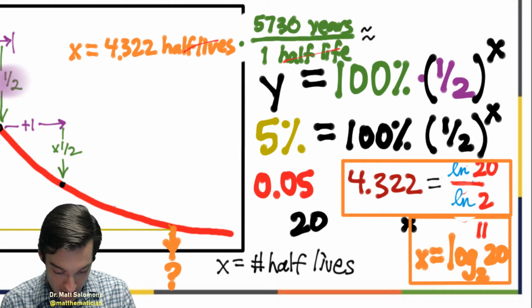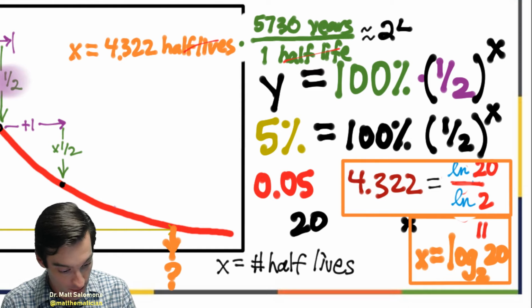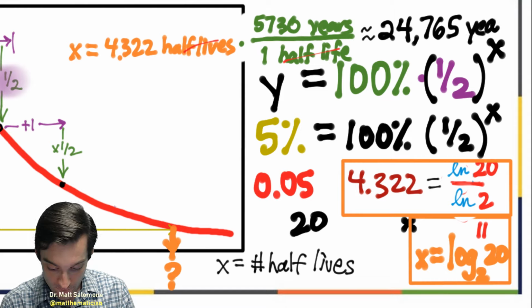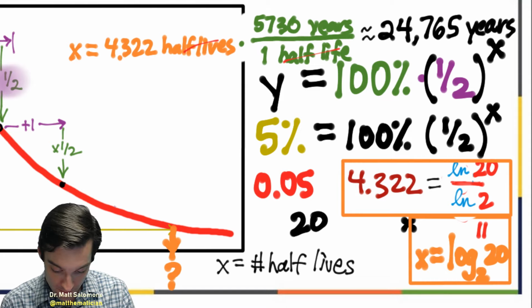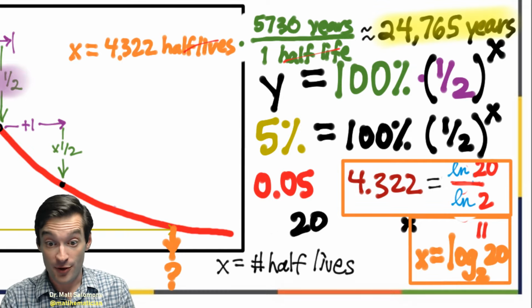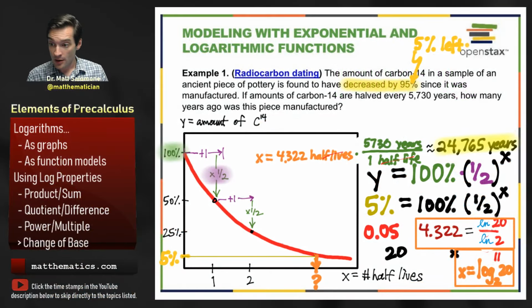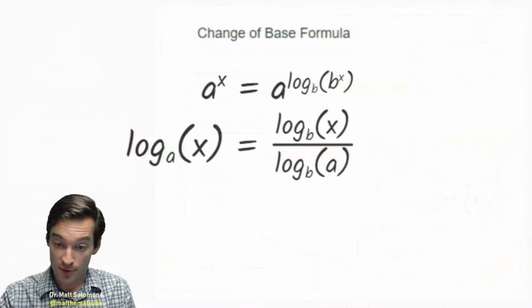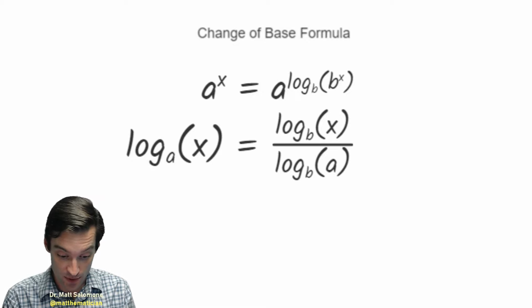And that would then be how many years old this piece of pottery is. 24,765 years. And that would then answer our question. So knowing how to change the base in a logarithmic expression is a big deal because it is how we are able to do any of these logarithms with other bases that we might be interested to do.